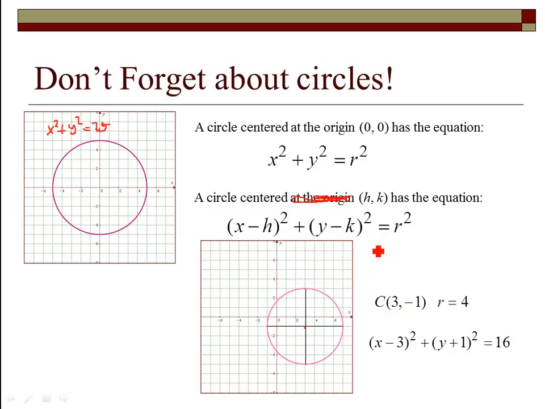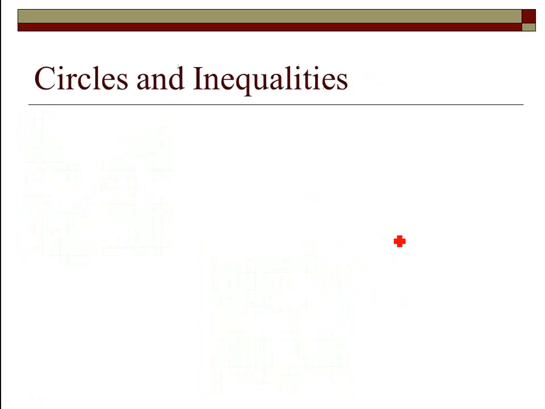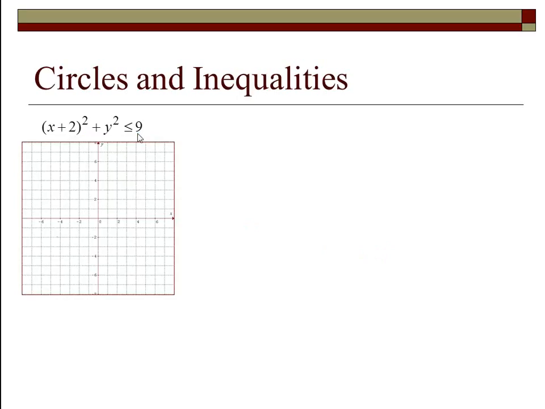Okay, let's look at what happens when we have inequalities though. With inequalities, let's say I have (x plus 2) squared plus y squared is less than or equal to 9. Well, I've got a circle which has a center at (negative 2, 0), and my radius is 3. So negative 2, 0, radius of 3.